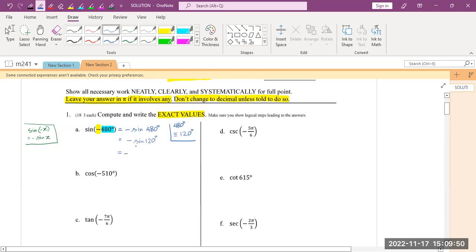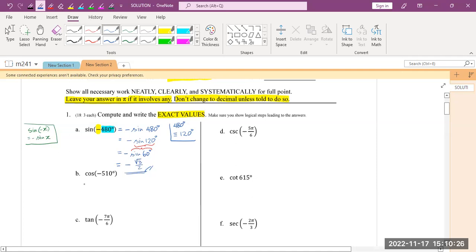Sine is positive there. Sine is positive in quadrant 2. So this is still positive sine, and the reference angle is 60 degrees for quadrant 2. And sine 60 degrees is radical 3 over 2. Now that's what I meant by show logical steps leading to the answers.